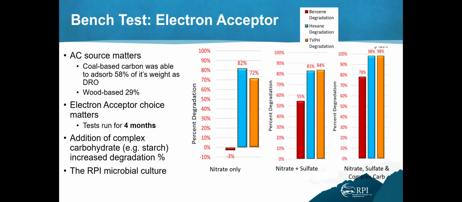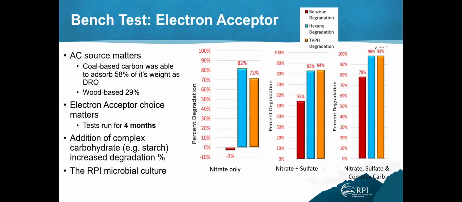And we're going to look at the addition of additional carbohydrates. In this particular test, all the microbial mixes were the RPI microbial mix. So what do you see with all those things being true? If we only give it nitrate as an electron acceptor, that would be the bar graph in the middle of your screen.